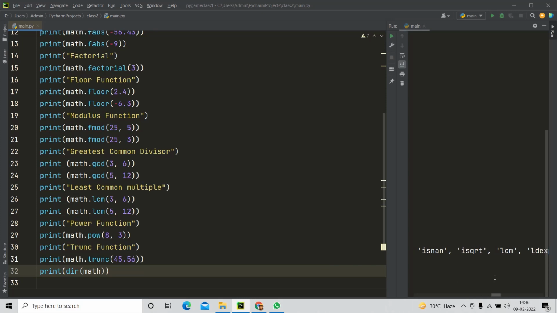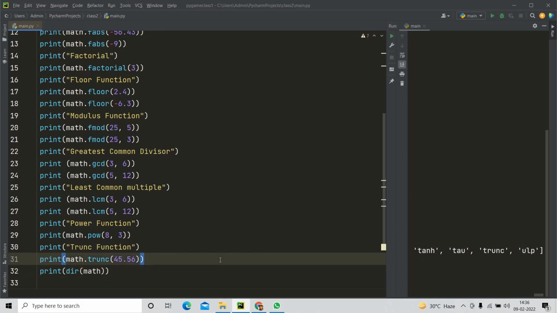We can also check the square root, perfect square root numbers. All these things are logarithmic functions. So all these things are really available, which is very useful for us. So instead of seeing one at a time, you can always use this dir option to check what are all the list of functions available in one particular module, and you can use them whenever needed.